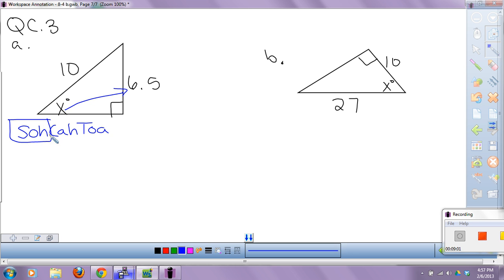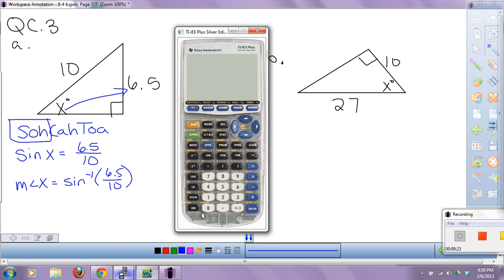Opposite leg and hypotenuse. Sine of the angle equals the opposite leg divided by the hypotenuse. And to find an angle measure, we always use the inverse. So the measure of angle X is the sine inverse of my ratio. Nothing to solve for here, just punch it in your calculator.